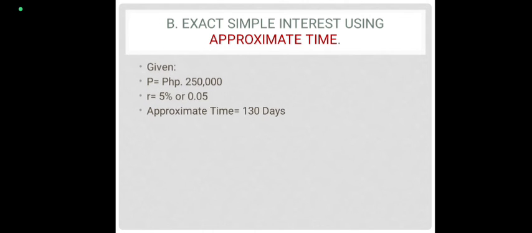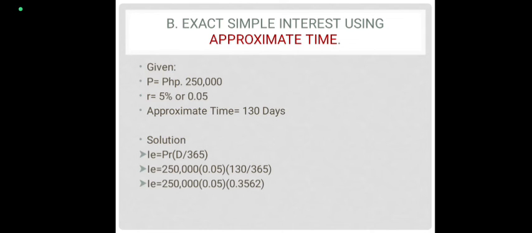Next, we have simple interest using approximate time. So we have this given: principal 250,000, rate 5% or 0.05, and we have the approximate time, a total of 130 days. So 130 divided by 365 is equal to 0.3562, and we will multiply it by 0.05.